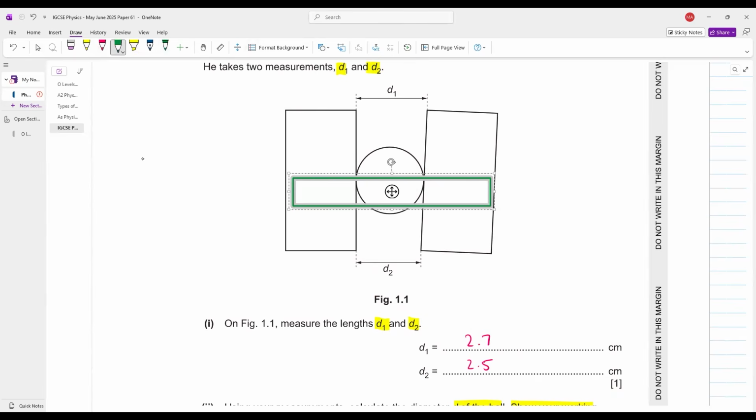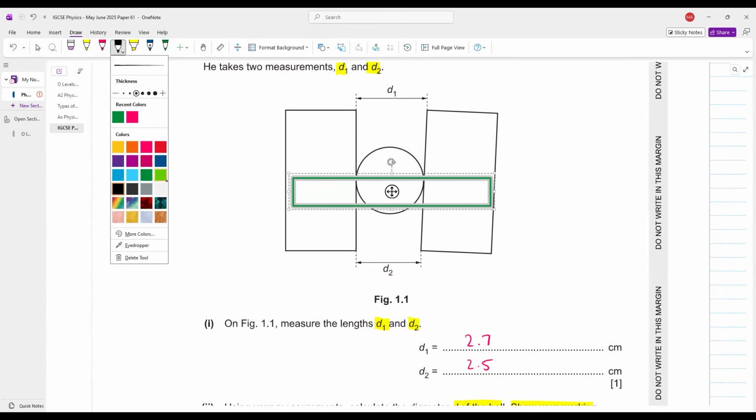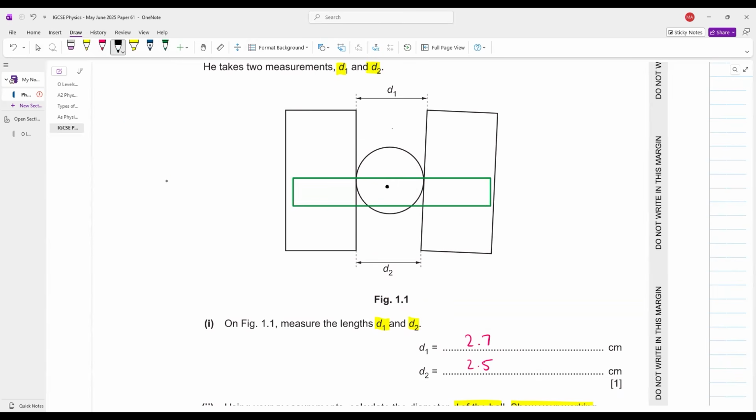Also, if you directly measure the diameter using a ruler, there are higher chances of parallax error.